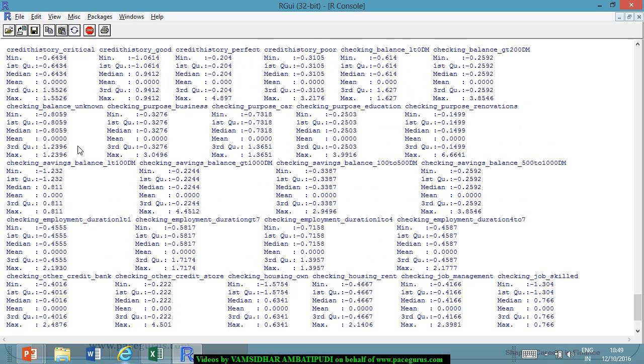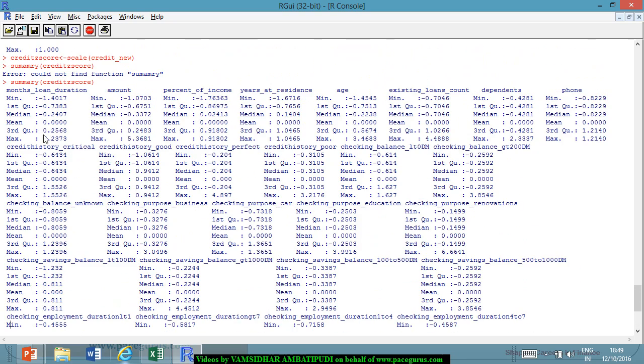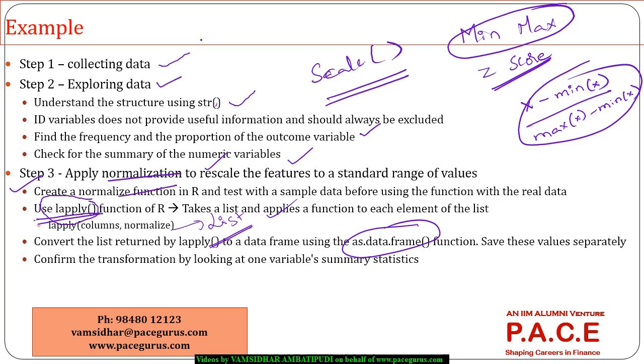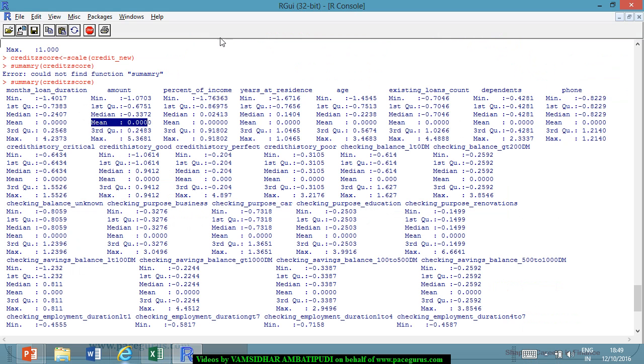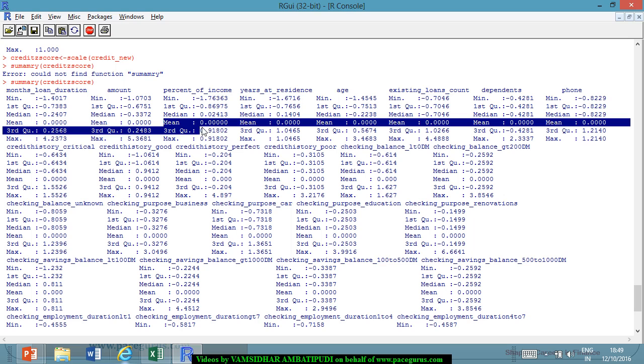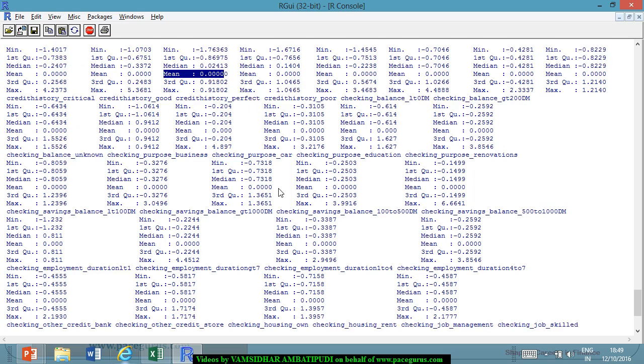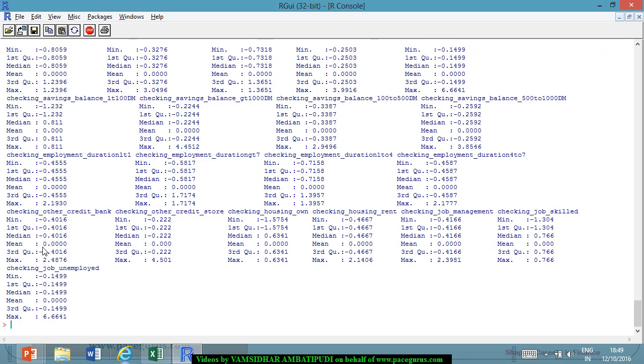Now you could see when you have performed a Z score, the mean is 0 in all the cases, because if you remember, the Z score is computed as every observation minus the mean of the observations divided by the standard deviation of the observations. So you see the mean is 0 for all the variables.